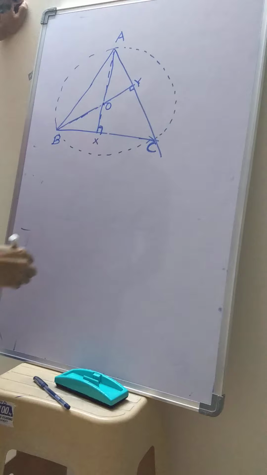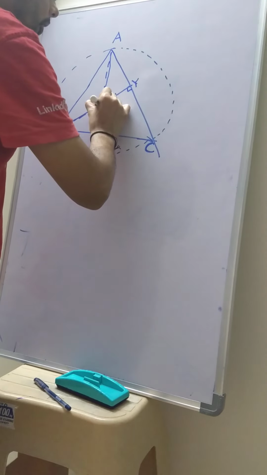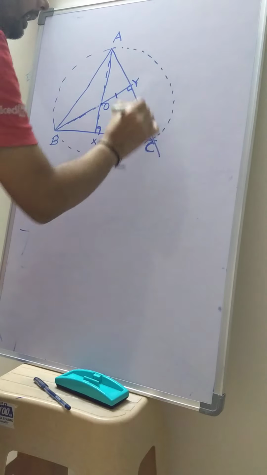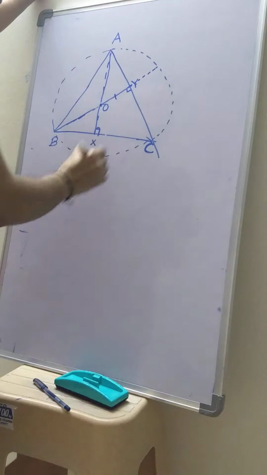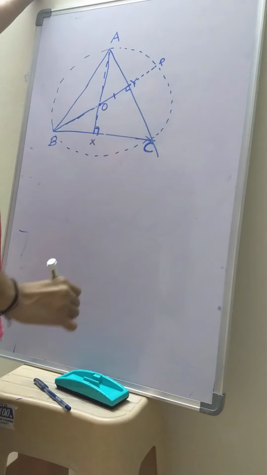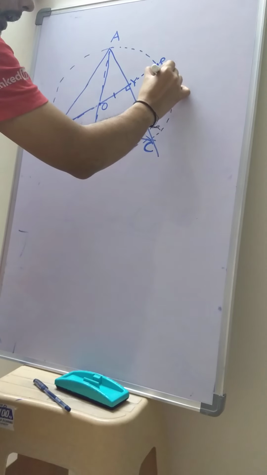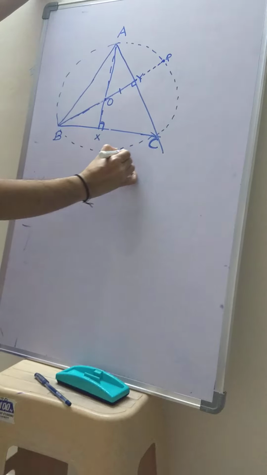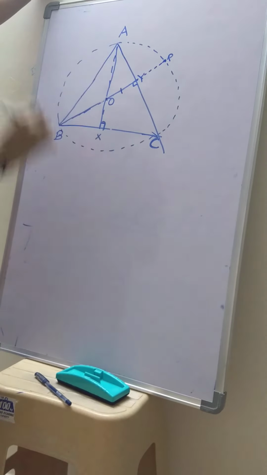So what does it say about the mirror image? What would be the mirror image of O on the line AC, right? So let's say the foot is Y and this is P, right? So this point P, you have to prove that it lies on the circle which passes through all the vertices of the triangle.